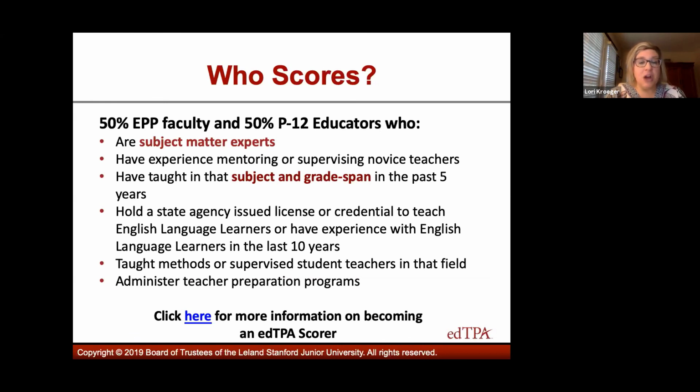They need to have taught methods or supervised student teachers in the field, or be an administrator in a teacher preparation program. Again, you will have access to the slide deck, and if you want more information on becoming an edTPA scorer, I have the link right here in the slide deck for you. So certainly welcome you to check that out.